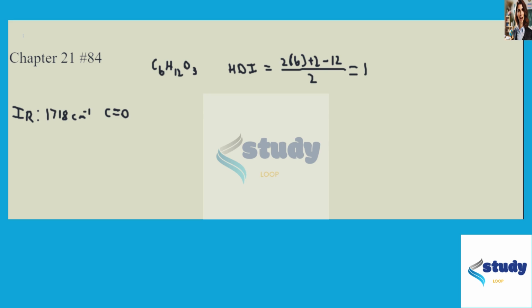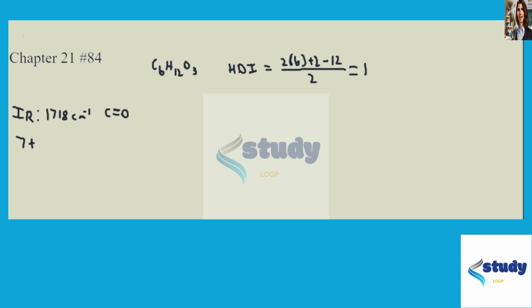The integrations are not given to us as nice, easy numbers. So in order to solve what these integrations actually mean, we need to add all the integration numbers up, divide by the number of hydrogens that we have, which again is 12, not 16, and then divide each integration by that number. So we have 7.